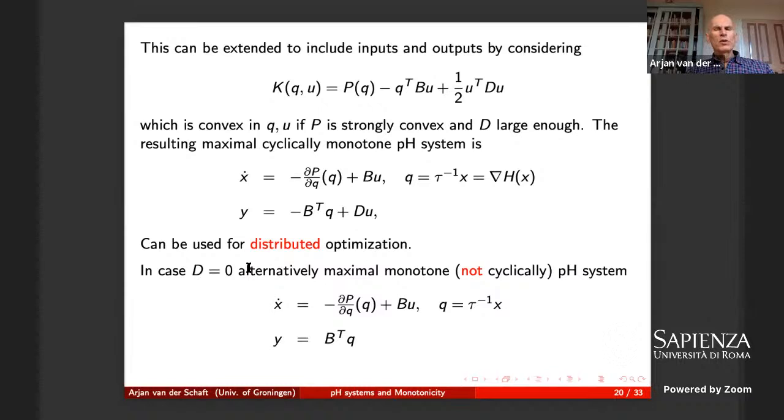And you could also take the case that you do not have a feedthrough over here, and then you can also consider this. But by the way, this is not cyclically monotone, but just ordinary maximal monotone.